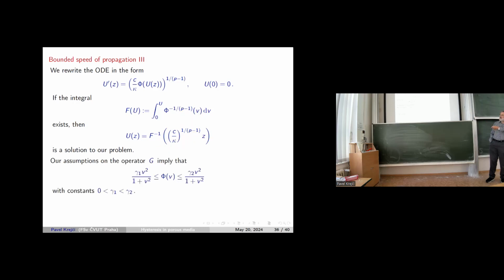Now, the initial link curve of our Isaac operators is bounded from below and from above by functions of the kind v squared over 1 plus v squared. Which means that this condition that the integral exists is satisfied if and only if p is bigger than c.